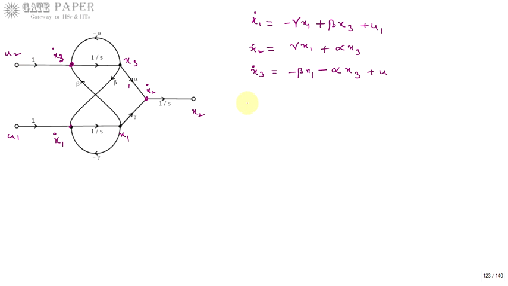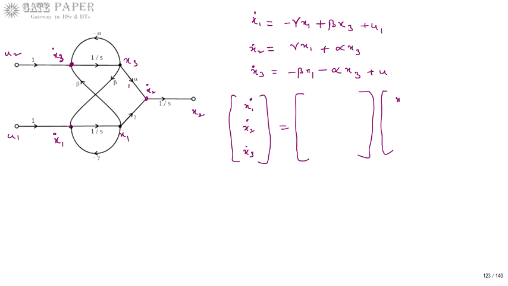So now I am going to write x1 dot, x2 dot and x3 dot in matrix form with respect to x1, x2, x3 plus with respect to u1 and u2.